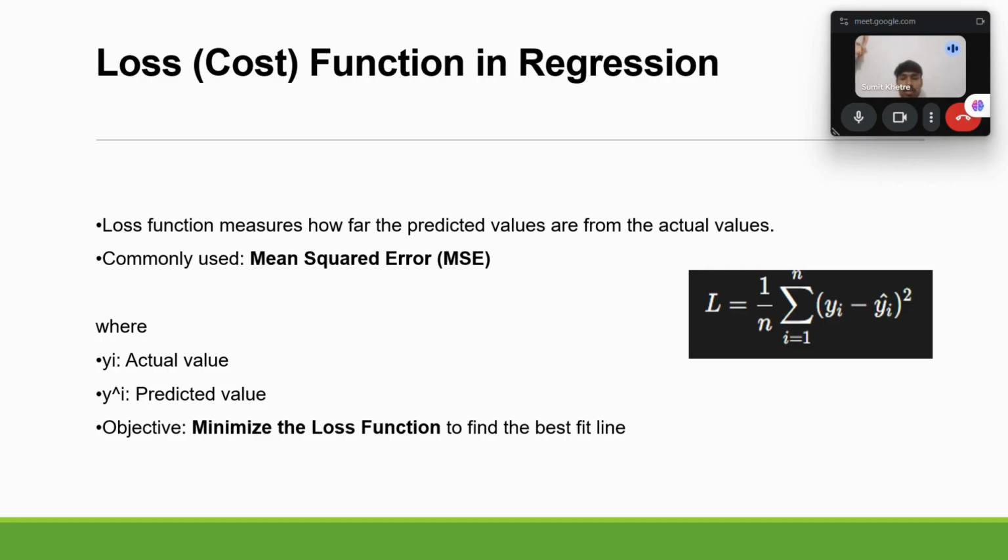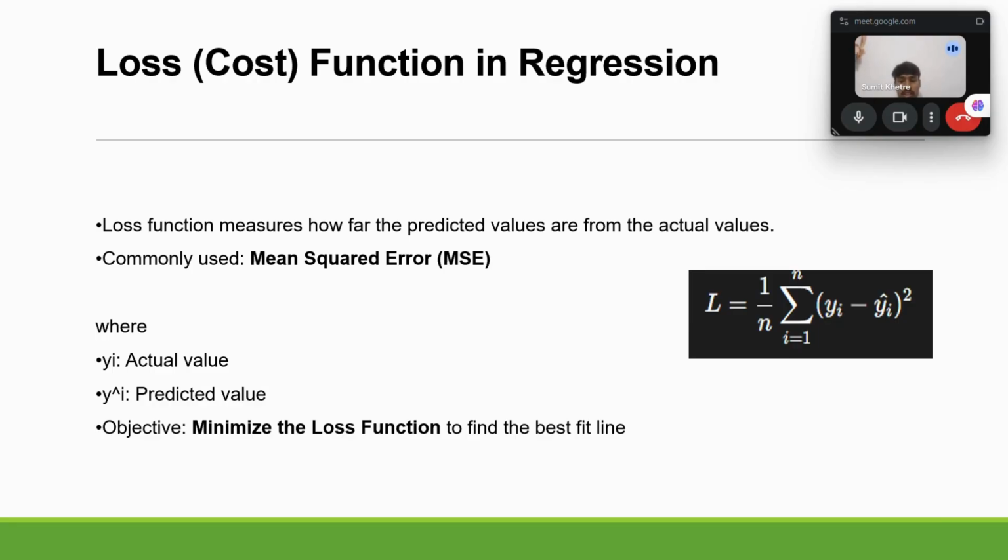For the loss function, we use the formula L = (1/n) Σ (yi − ŷi)², where yi is the actual value and ŷi is the predicted value. And the objective of this loss cost function in regression is to minimize the loss function to find the best fit line.